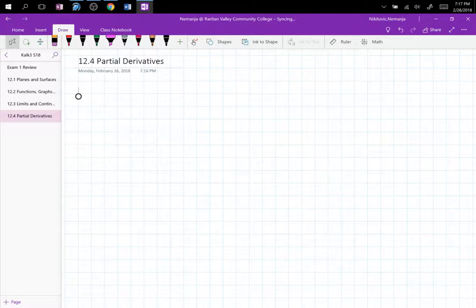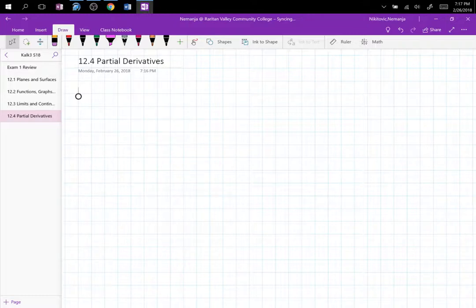Now we have infinitely many directions in x, y. So instead of dealing with all of those infinite directions, for the derivative at a point we are going to focus only on two directions. That's the x direction, the derivative in the x direction, which is called the partial derivative with respect to x, and the derivative with respect to y, which will be in the y direction.